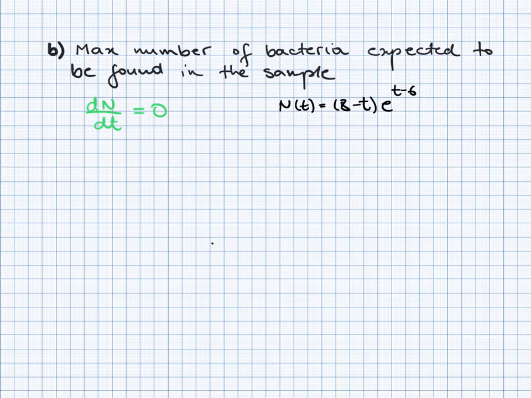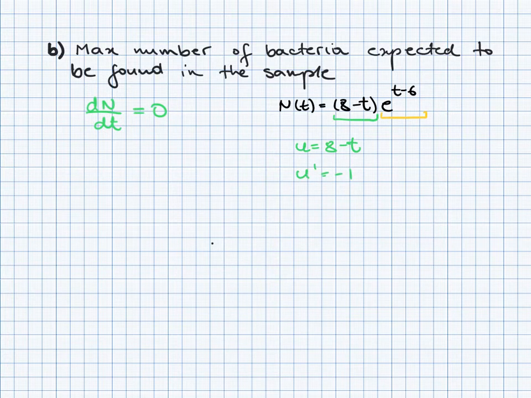To find the first derivative, we can see that we have two functions here. The first one is 8 take away t, and the other one is e to the power of (t take away 6). I'm going to call the first one u, equal to 8 take away t. The derivative of the first one is -1.